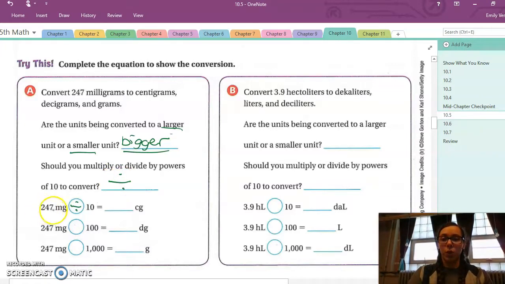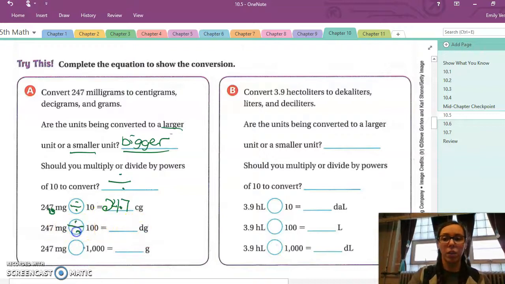So, 247 milligrams divided by 10. Now on 247, I don't see a decimal point, so where is it at? It's at the back here. There's 1 zero in 10, and I want my number to get smaller, so I'm going to move it in one place. So then I would have 24.7 centigrams. Now to go milligrams to decigrams, still going to divide.